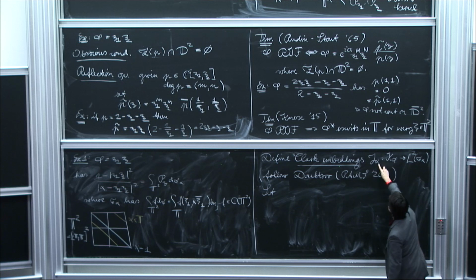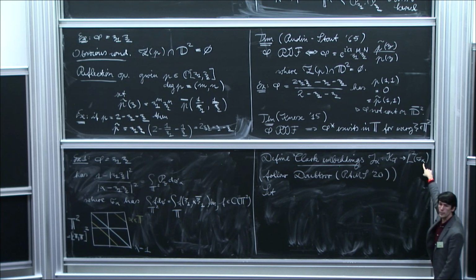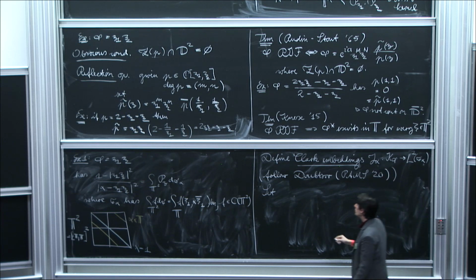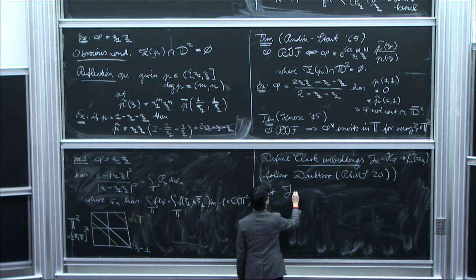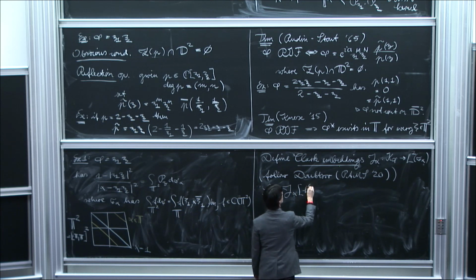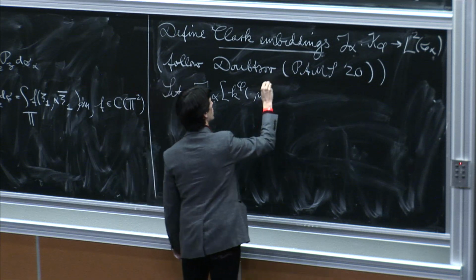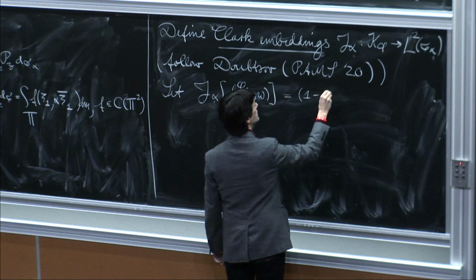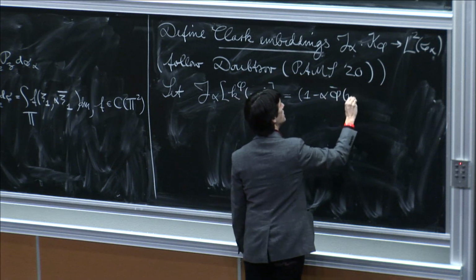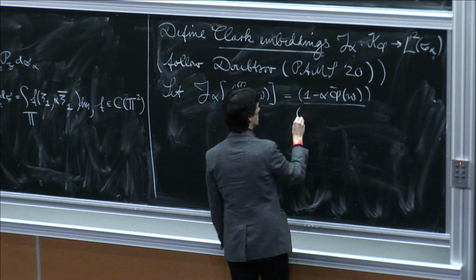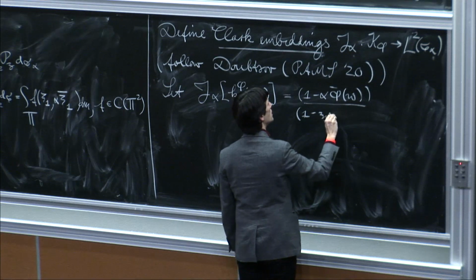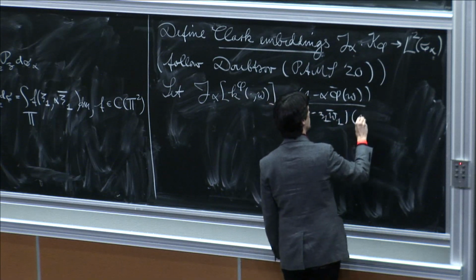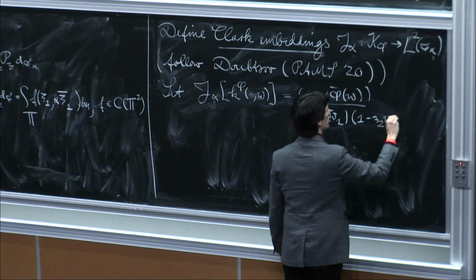So the alpha here is the same as the parameter alpha here. And this is done by mapping reproducing kernels to the following expression.